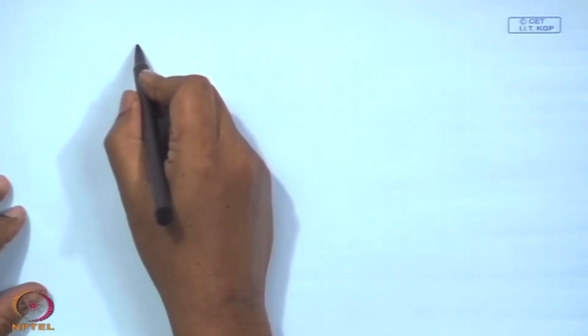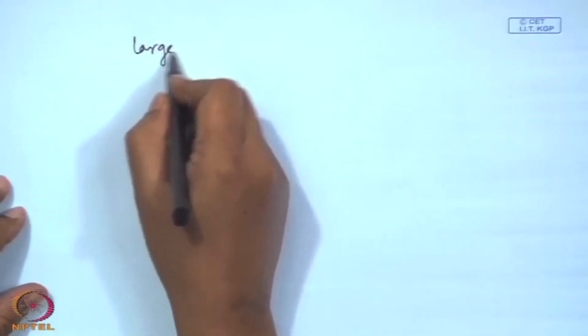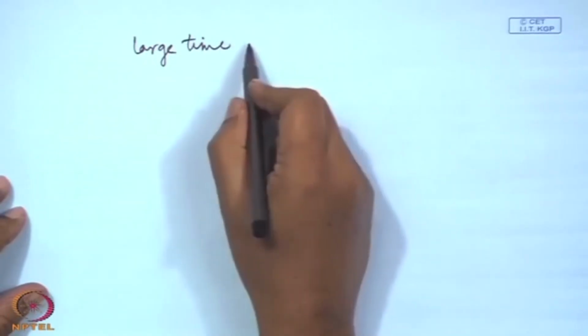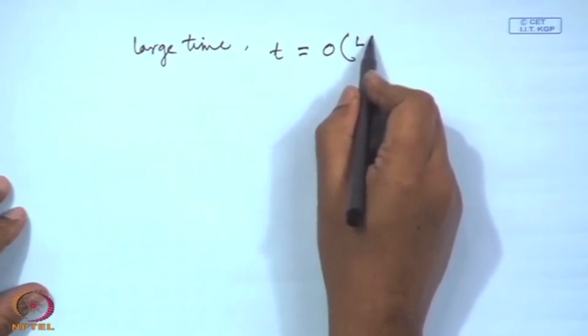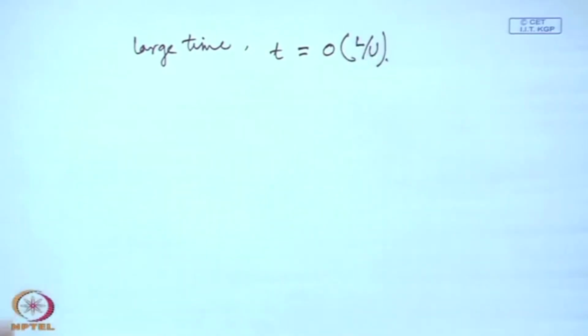So, that velocity can become 2 times or 3 times is immaterial, but it is of the order of that. So, by large time we mean time t is of the order of L by U, where U is the free stream velocity U infinity.